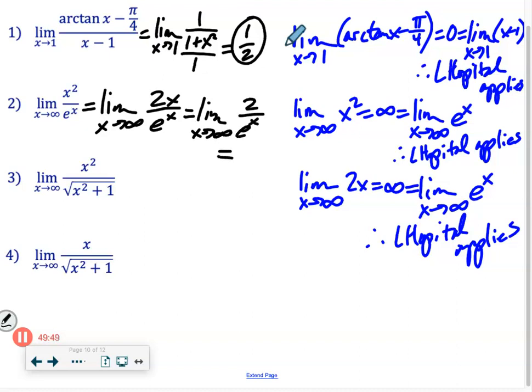Now, if we plug infinity on top, we get 2. On the bottom, we get infinity. What is 2 divided by infinity? 0. This is 0. There are other ways to do this problem, but this would be the L'Hopital way, right? Okay.